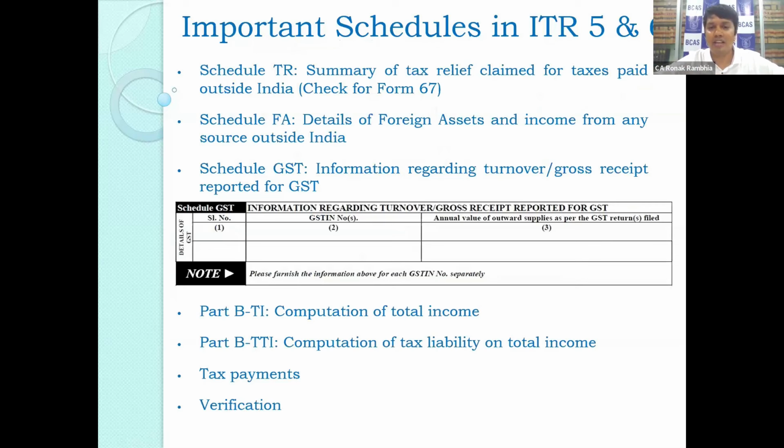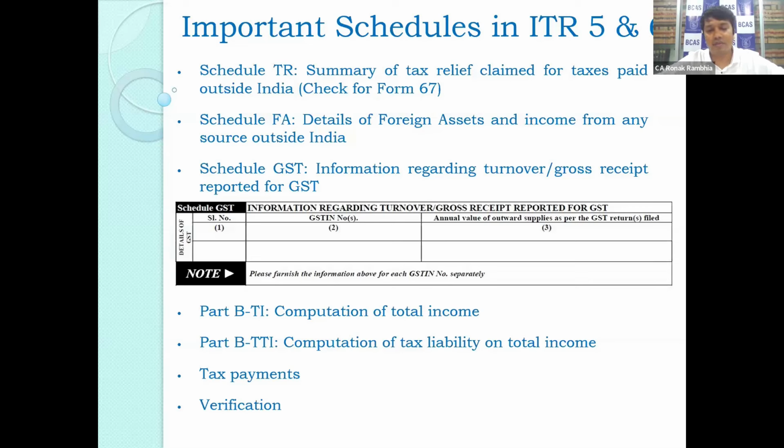Obviously, there are reconciliations and various other adjustments required to reconcile the books of accounts turnover and the turnover as per the GST records. If you see, the schedule mentions the annual value of outward supplies as per the GST returns filed. So one has to mention over here the turnover as per the GST return.